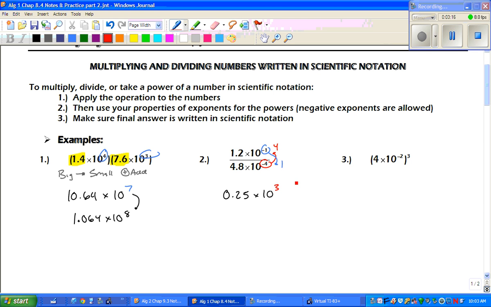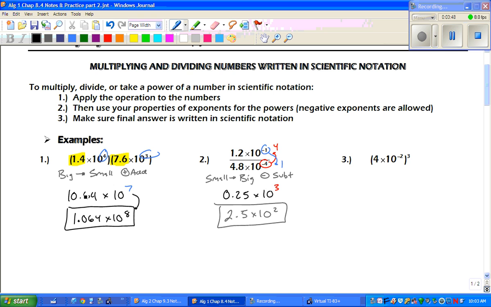So once again, we have to change the exponent. It's not in proper scientific notation. So we're going small to big because we have to have the 2 out in front. So we're going to subtract from the exponent. So it's really 2.5 times 10 to the second power. Gotta always remember to box or circle our answers.